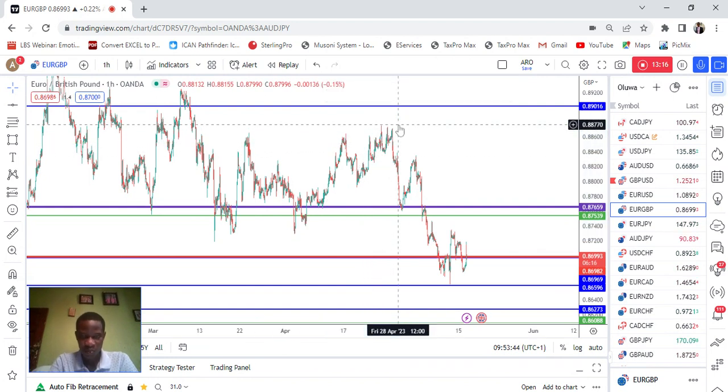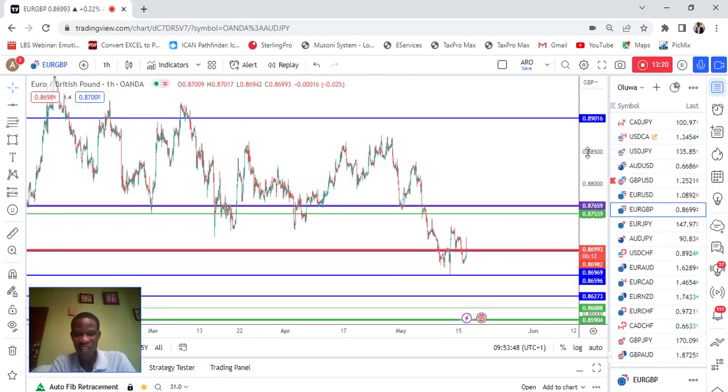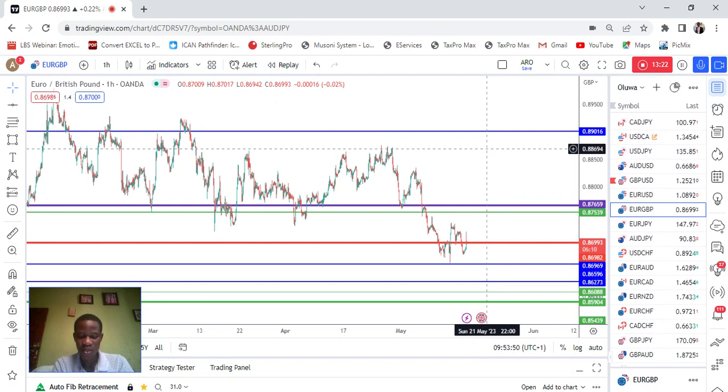But to enter any trade, you have to understand why you are entering the trade. Because if you are not seeing any area of value in a market, there is no point in entering such a market. You have to identify where you are going to buy and where you are going to sell before you enter any trade.